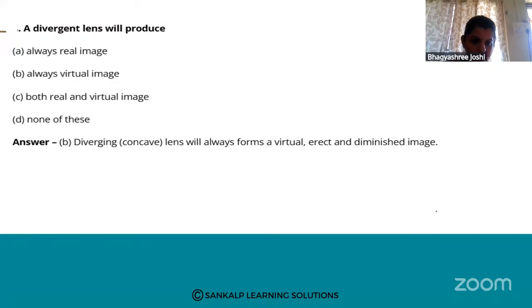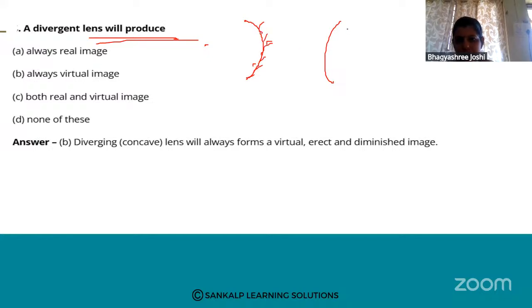A divergent lens will produce always real image, always virtual image, both real and virtual image, or none of the above. Divergent lens means which lens are you calling a divergent lens? In case of mirrors, this is a concave mirror and this is a convex mirror. Yes or no? Now, this is a reflecting surface and here it is a reflecting surface.